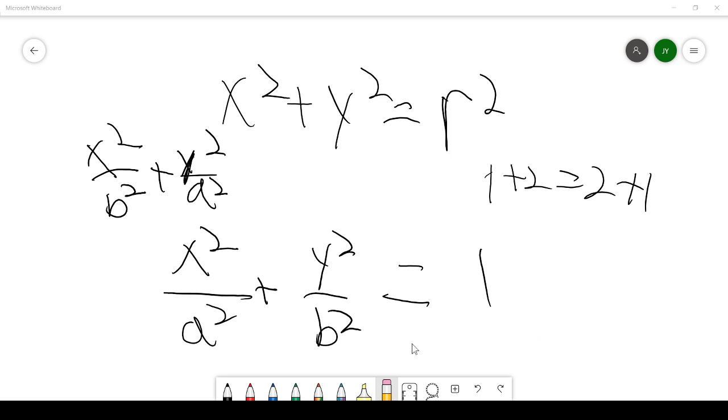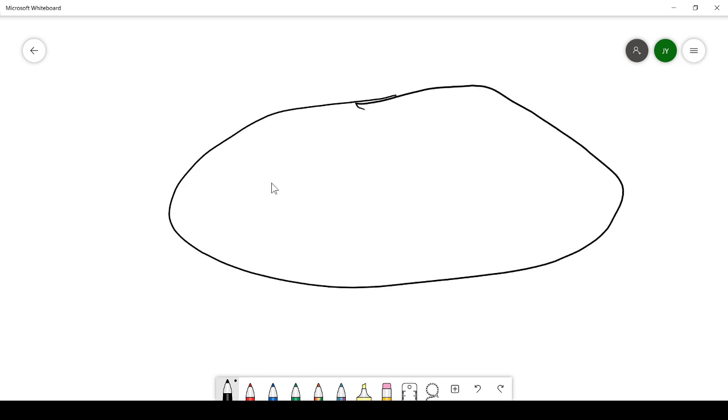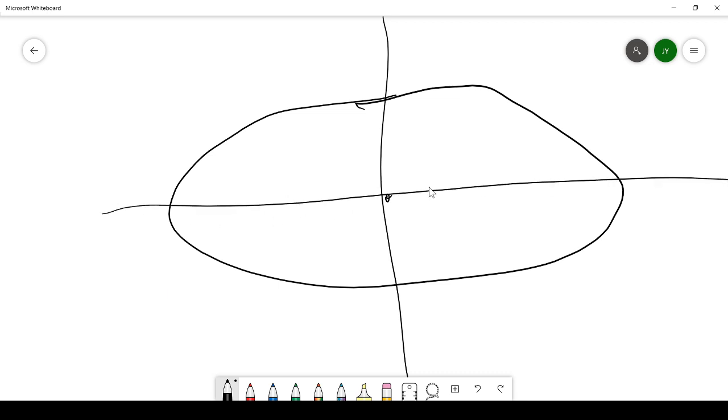Now, let's look at how the foci of an ellipse are calculated. So let's draw an ellipse again, right? Assuming we have the midpoint here, let's draw a simple coordinate plane here.